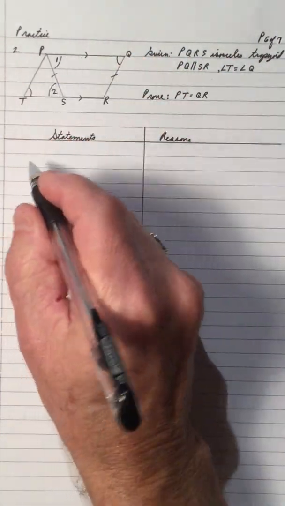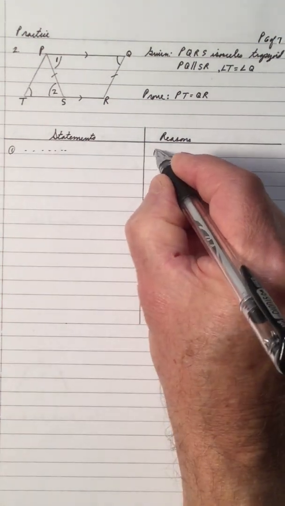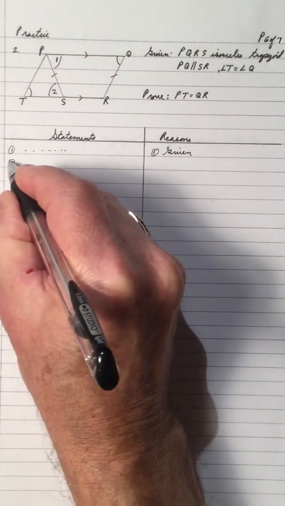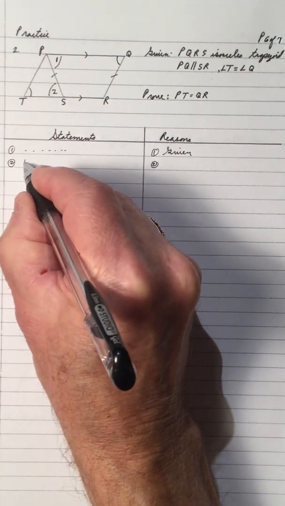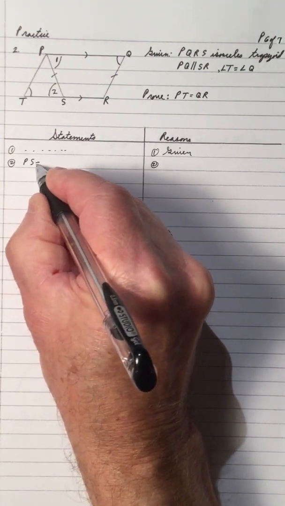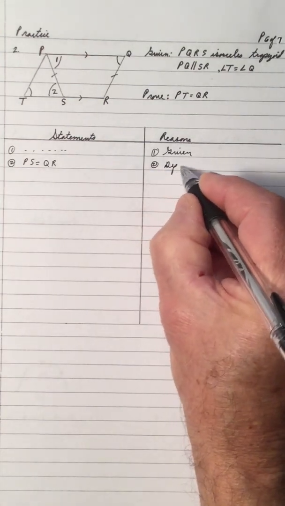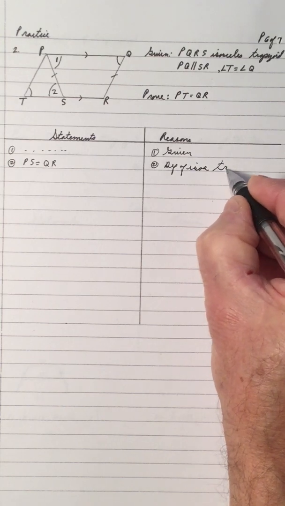So here we go. Again, number 1, there's the given, to save time I just put them all in number 1. So we have PS equals QR, definition of an isosceles trapezoid.